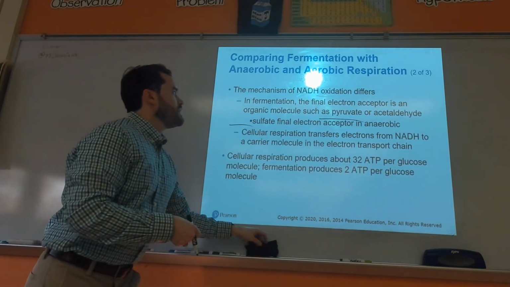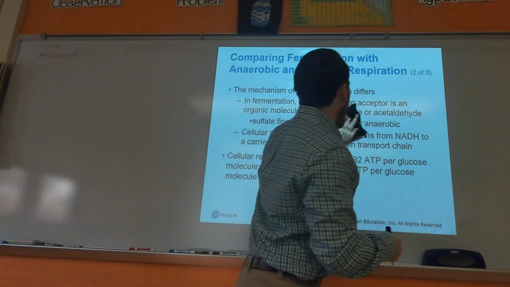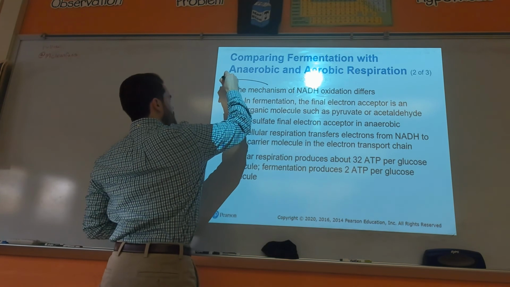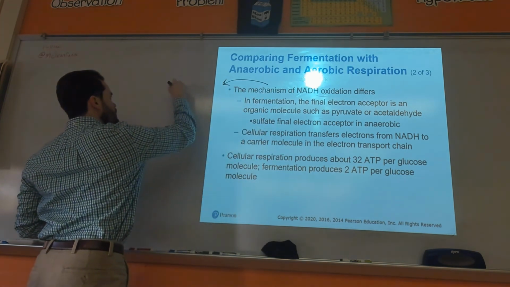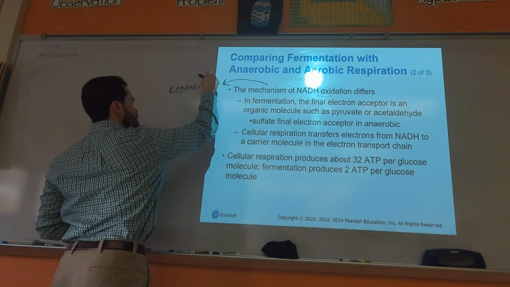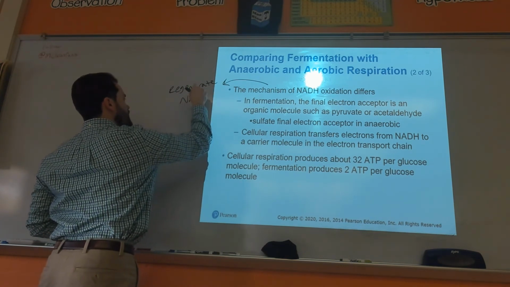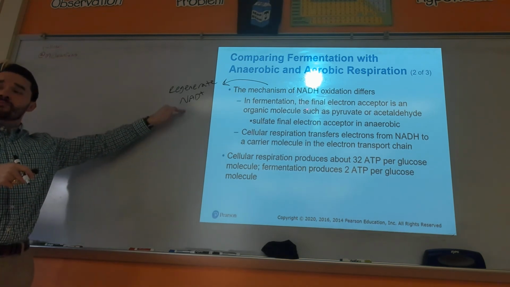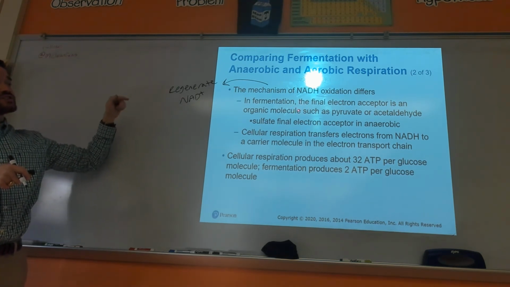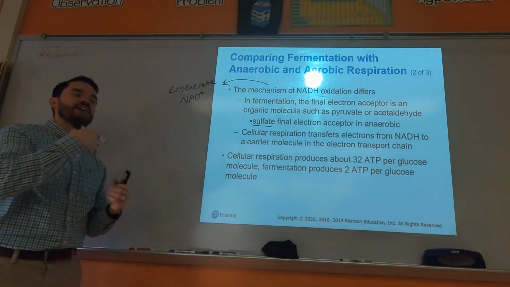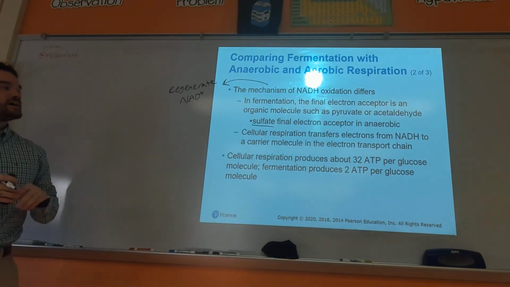Okay. Now, how we oxidize NADH, in other words, how you regenerate the NAD plus, that's going to differ in all three. If it's anaerobic respiration, you can still do the electron transport chain, but there you're going to have sulfate as the final electron acceptor.